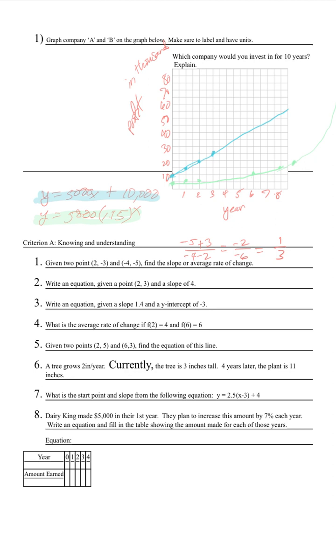Then write an equation given a point. We have a point and a slope, so use point slope formula. So you can say f of x or y, doesn't matter, equals our slope, 4, times x minus -2, and then we say +3. This is, again, point slope. And for this one, it's y equals mx plus b, and this is slope intercept formula that you want to use.